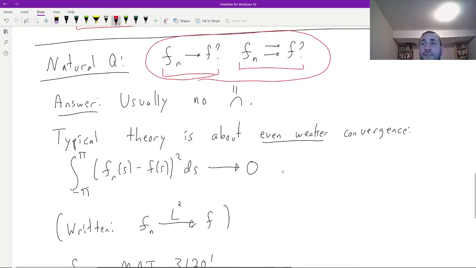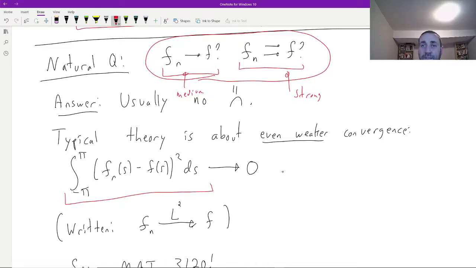Instead, what you typically do is define an even weaker notion of convergence. So this is strong, uniform convergence, pointwise convergence is sort of medium, and we define something else that's even weaker, called L2 convergence. We say that Fn converges to f in the L2 sense if the integral of Fn minus f, squared, converges to 0.